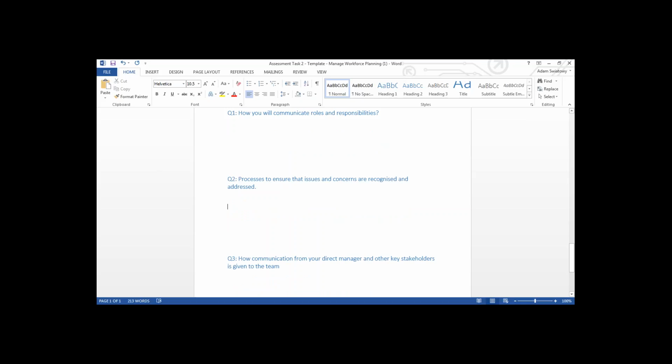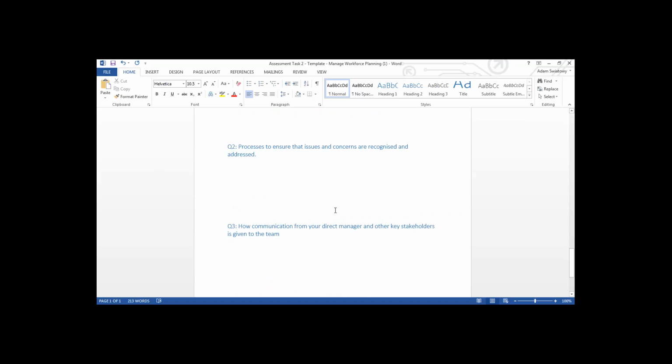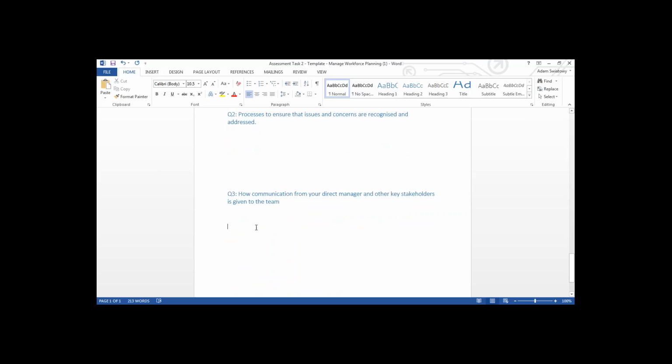Question 2, processes to ensure that issues and concerns are recognised and addressed. If you have any concerns that are recognised, how are you going to address those? And how communication from your direct manager and other key stakeholders is given to the team.